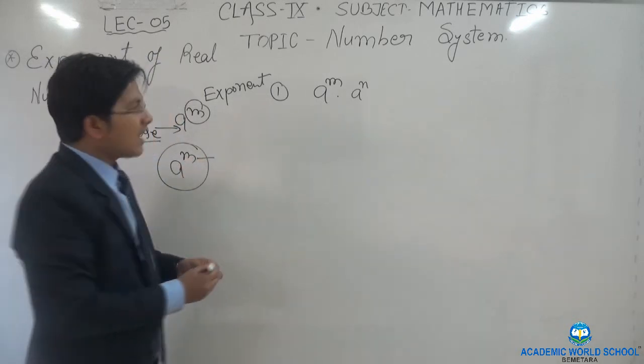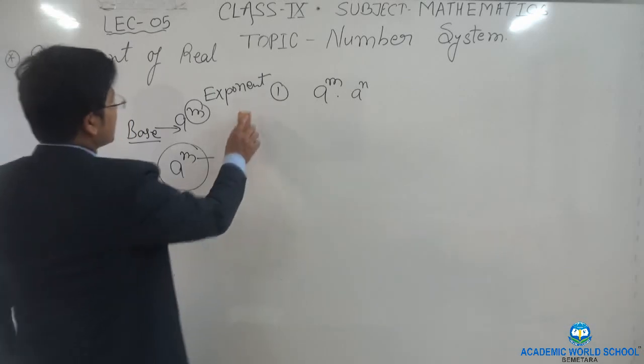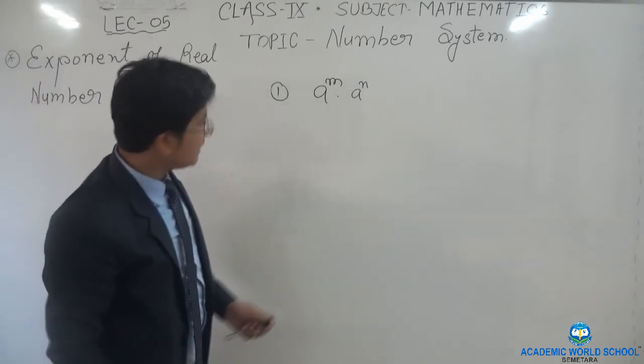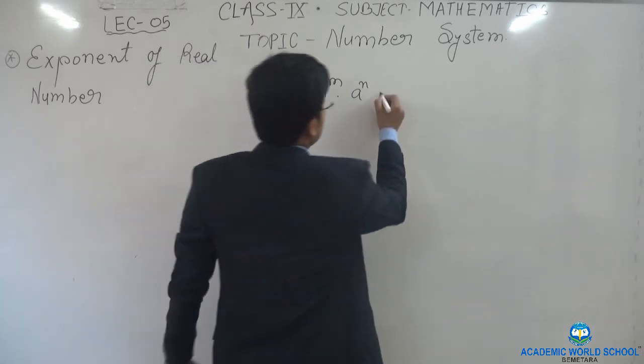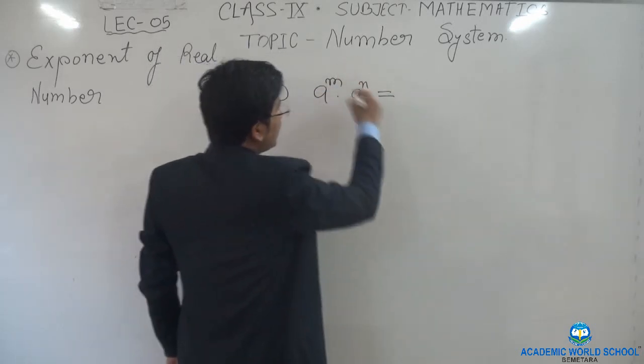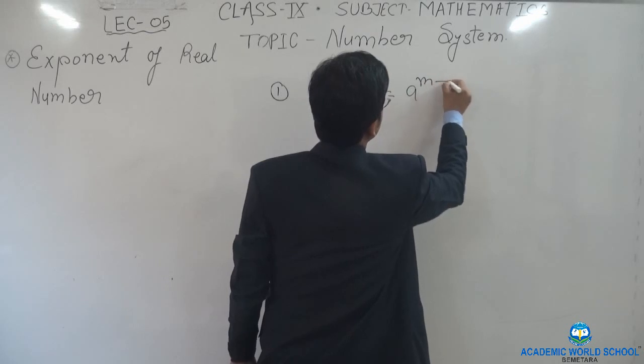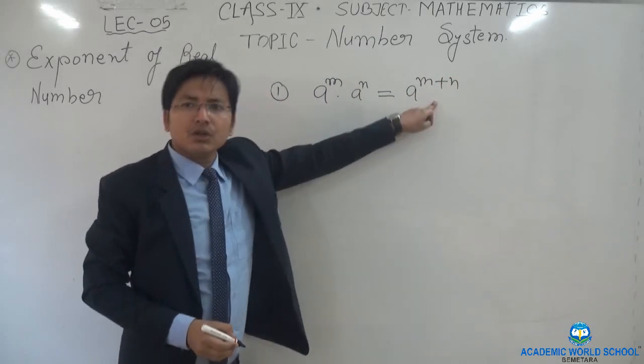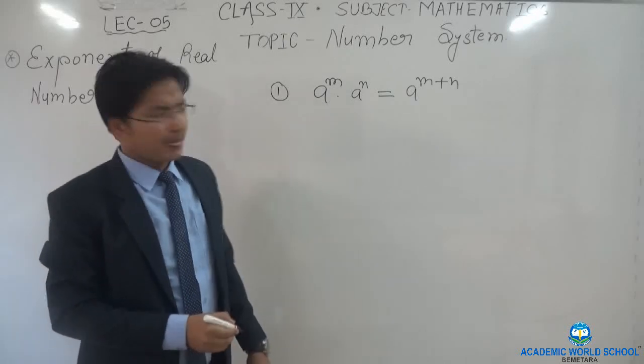So if we are having the same base, you can see that we are having the same base a and a, so the powers will be added. Now what is this concept actually?